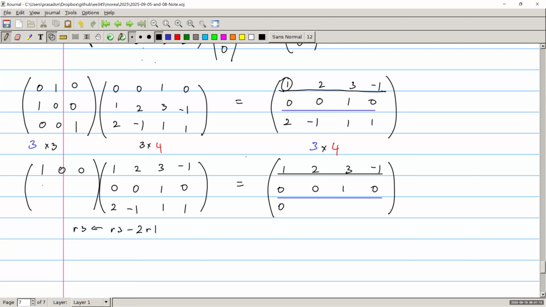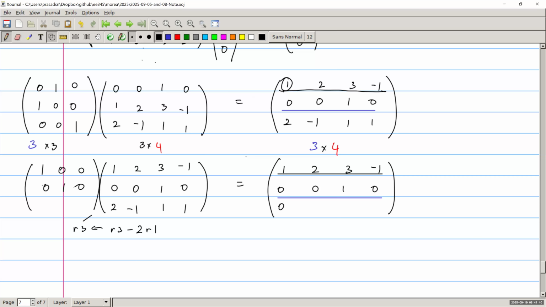No, not column. We are looking at rows. 0 times row 1, 1 times row 2 plus 0 times row 3. So those numbers you write here. What are the numbers? 0, 1, 0.